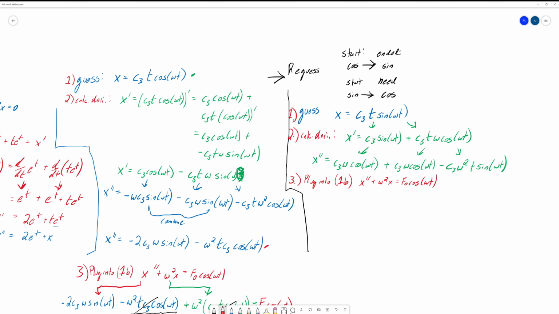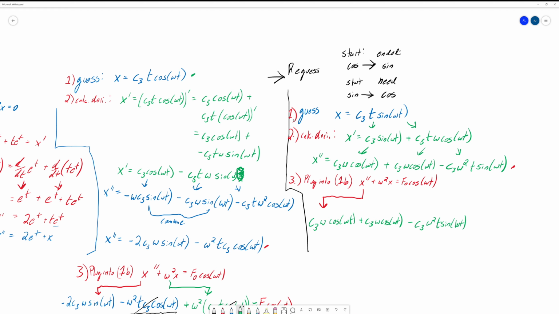This is going to be C3 omega cosine of omega t plus C3 omega cosine of omega t, and then minus C3 omega squared t sine of omega t.